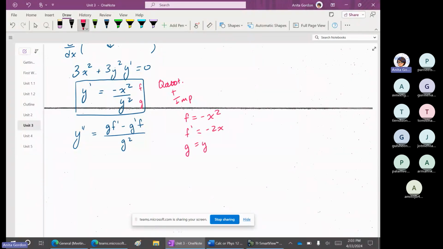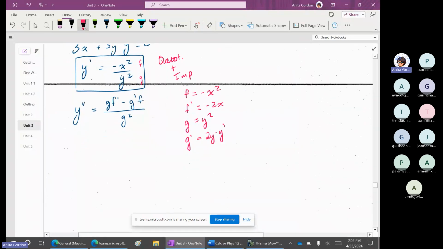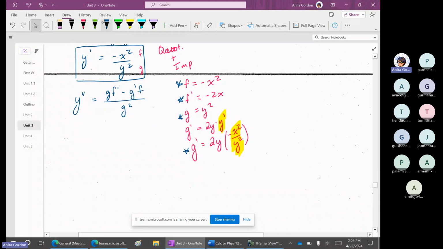If g is y squared, g prime is what? 2yy prime. And 2yy prime is 2y times negative x squared over y squared. Right? Because y prime we already solved for. So we want it in terms of x's and y's. So when I go then to substitute stuff, I'm using this one, this one, this one, and this one when I do my substitutions.